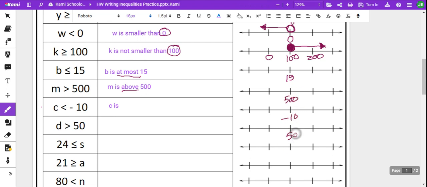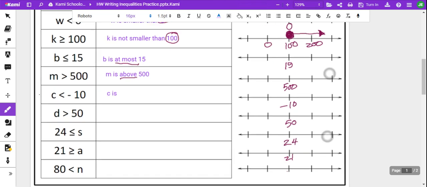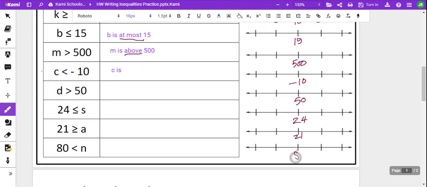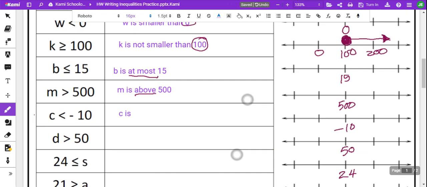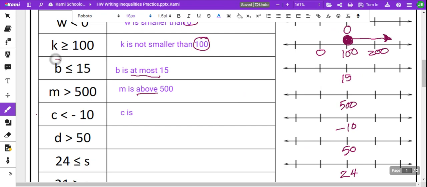-10, 50, 24, 21, and 80. So we're going to take a look at if the variable is on the left side, B, then the arrow is going to the left.